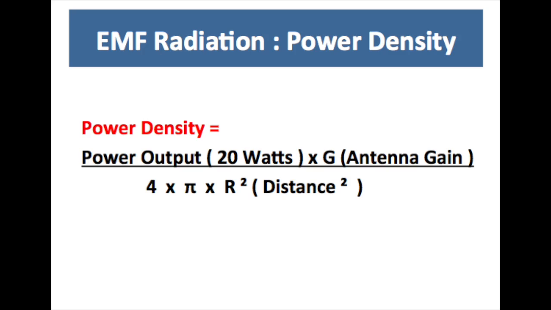What is power density? You will see from this slide, which is being shown, that power density is equal to the power transmitted by the antenna into antenna gain divided by 4 pi into the distance squared.